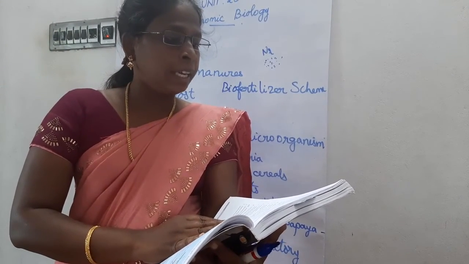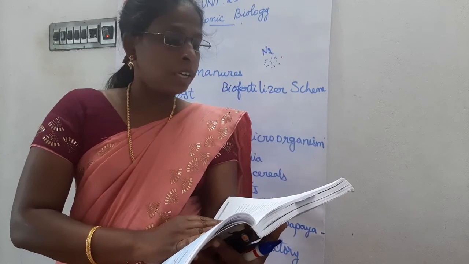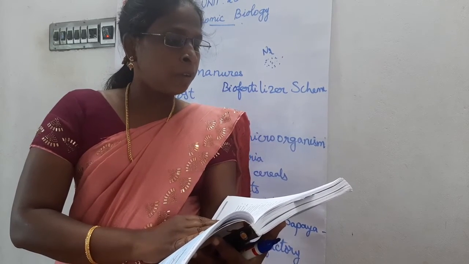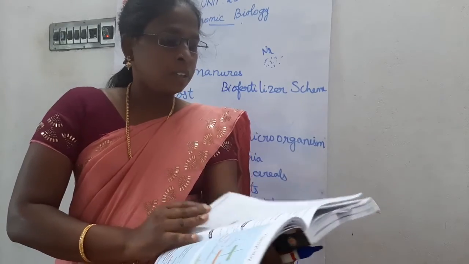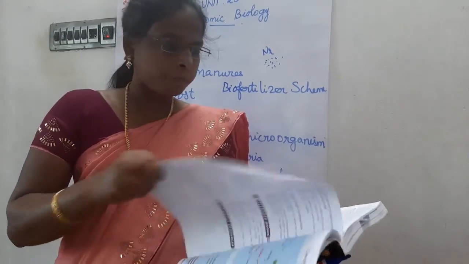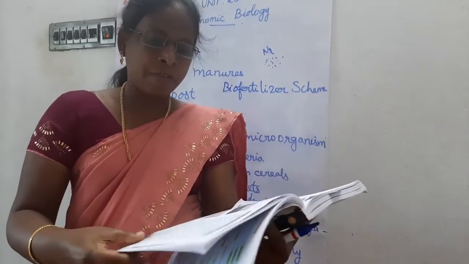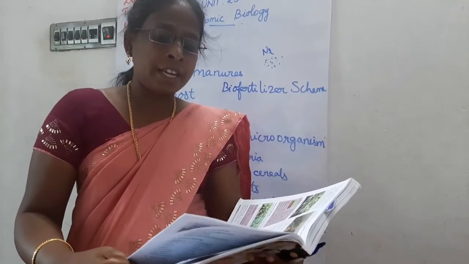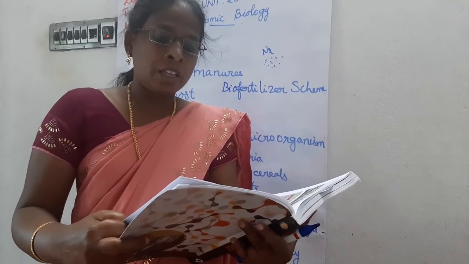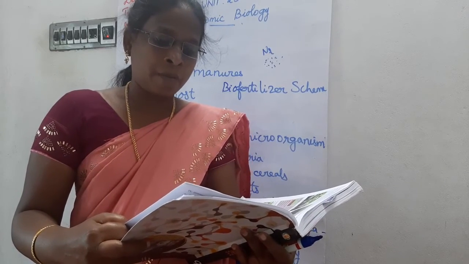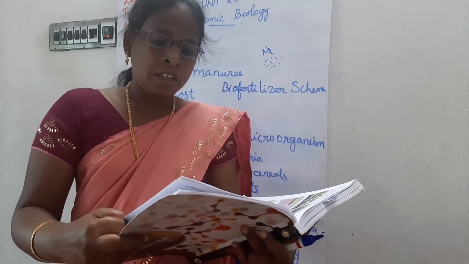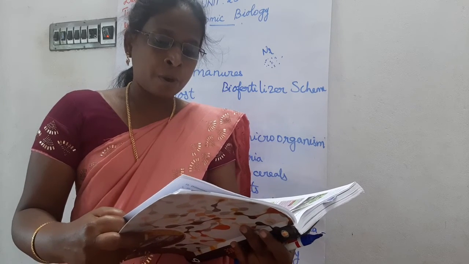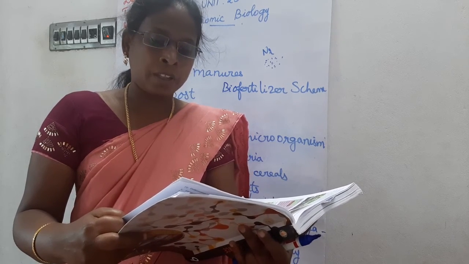Question D: Farmyard manure and sheep manure. That is page number 275. Under the heading manuring, third and fourth para, farmyard manure and sheep and goat manure. Read that para fully.